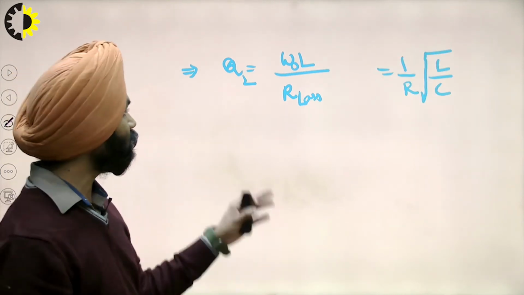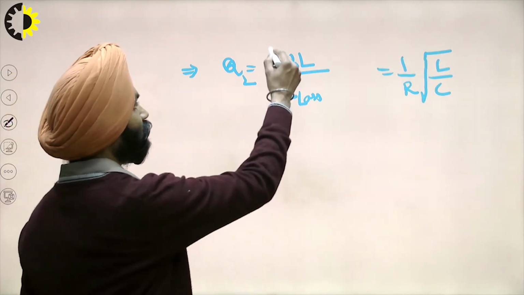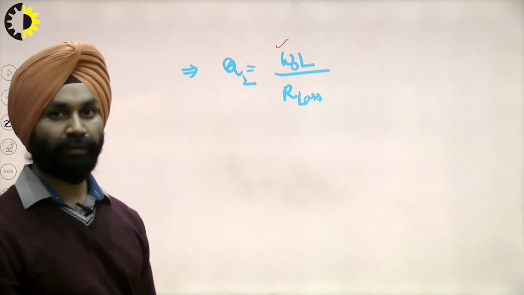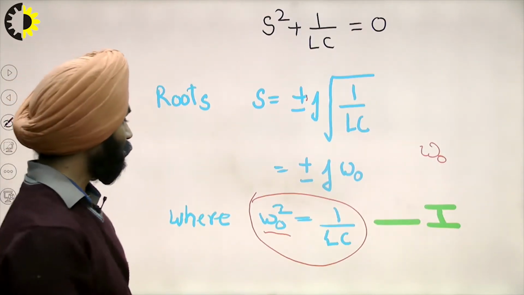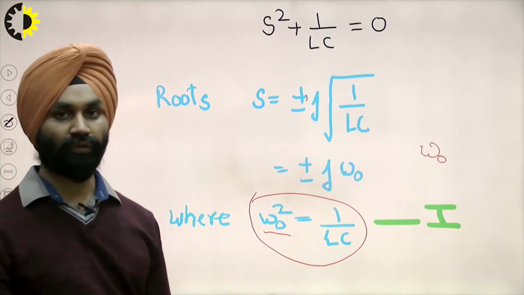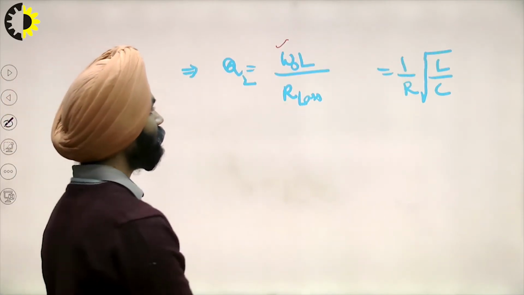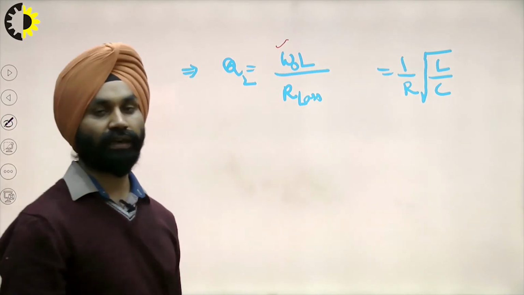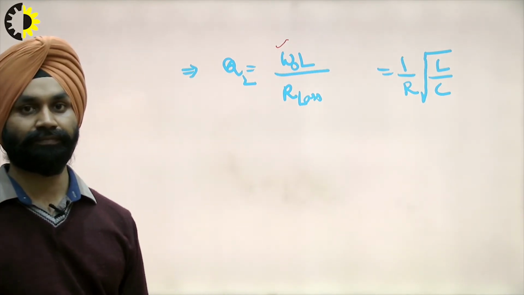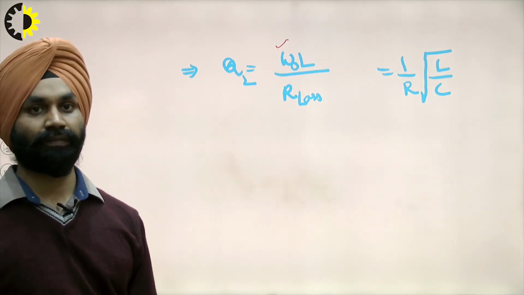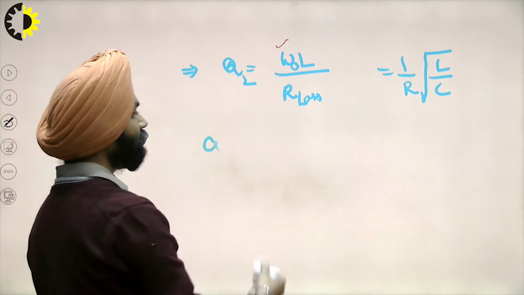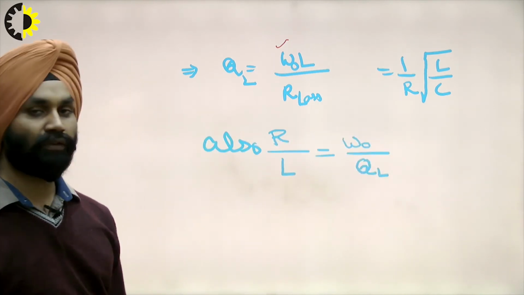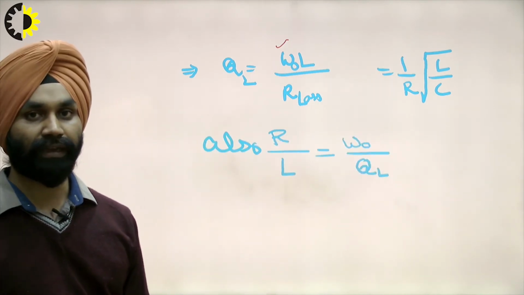Now, if we solve this, if we put the value of omega here, remember omega is the square root of 1 upon LC, so it will be 1 upon R under root LC. Further, if we take the ratio of R by L here, it will be omega naught by QL.